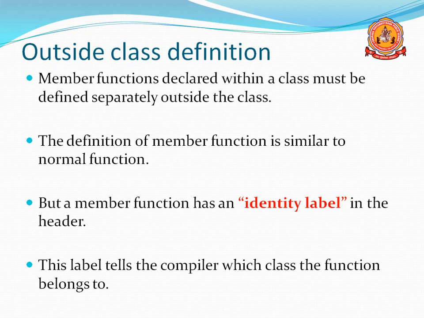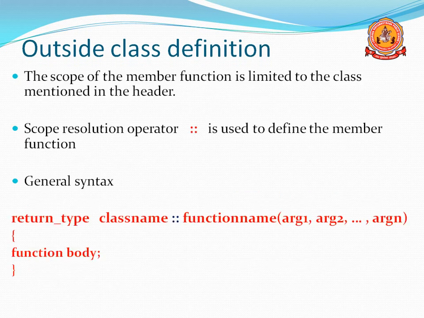This label tells the compiler which class the function belongs to. So we have to use one identity label when we define the function outside. First declare inside the class, then outside the class define it.